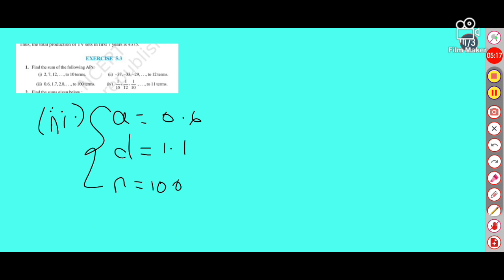The next, fourth step depends upon the question that has been asked, whether it is to find the 10th term or 20th term, or in between the 31st term, or the sum value. Now we need to find S100, that is the sum up to 100 terms. So that is n by 2, 100 by 2, it is 50. n by 2 into 2a, so 0.6 into 2 is 1.2, plus n minus 1, so 99 into 1.1.